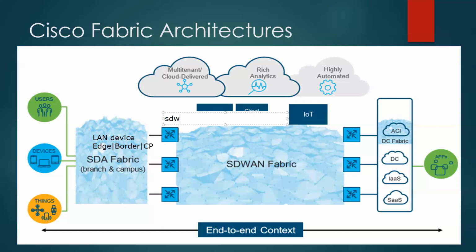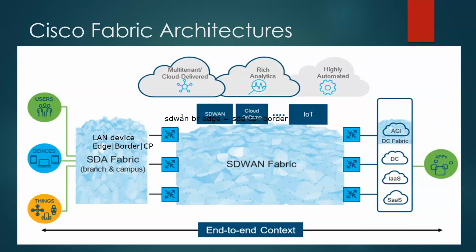So your SD-WAN branch edge device can work as an SDA CP plus border, depending.